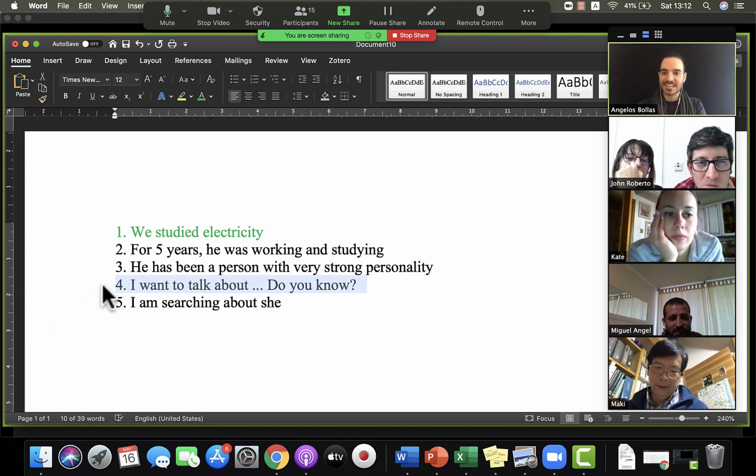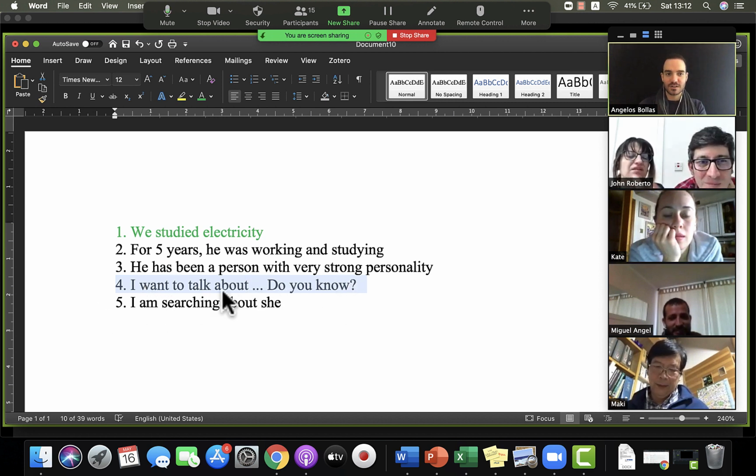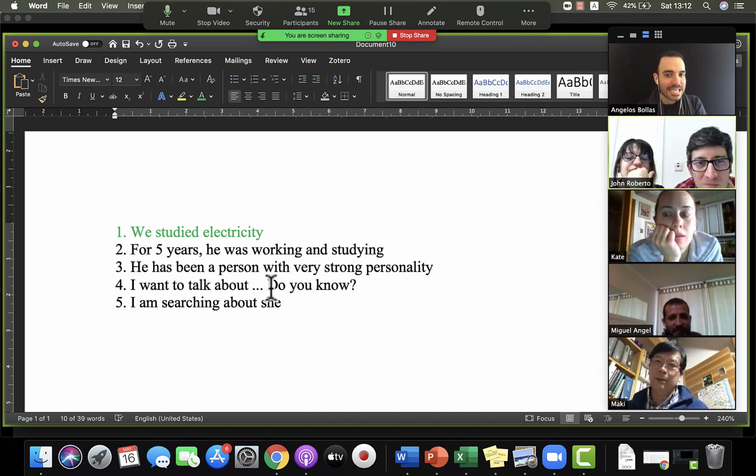Number 4. Let's start with number 4, because grammatically it is correct. The problem we have here is that this sentence is not complete. What is missing here?